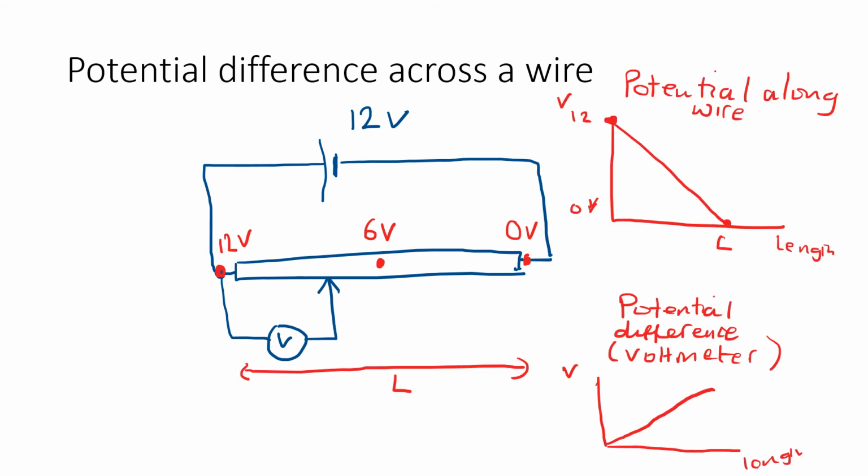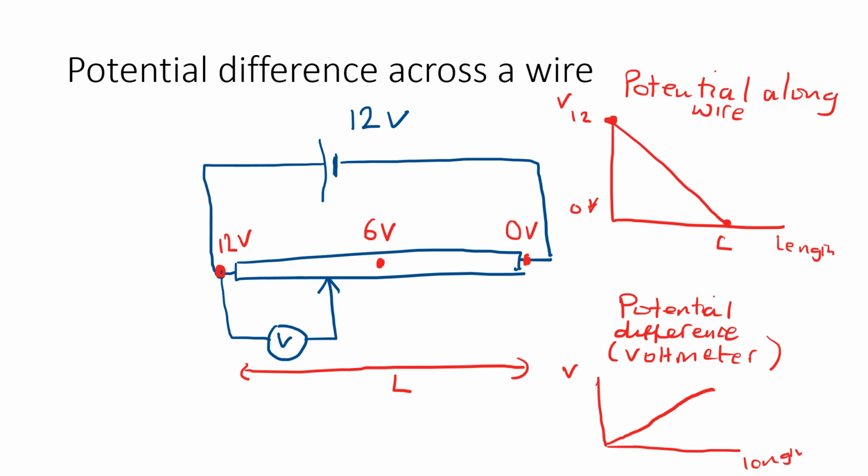So looking at how the potential along the wire varies with the length, it's the top graph here, you can see that the potential starts at 12 volts and drops down to 0 volts, and it's a linear relationship. So it's a gradual incremental decrease as you move along the wire.